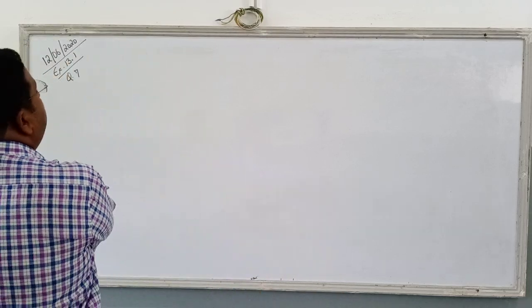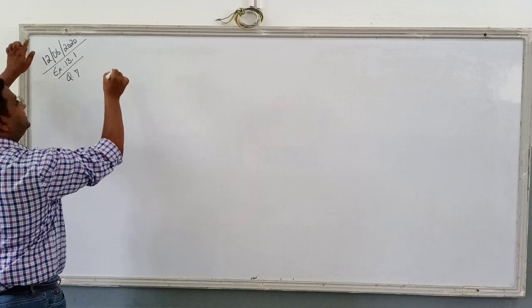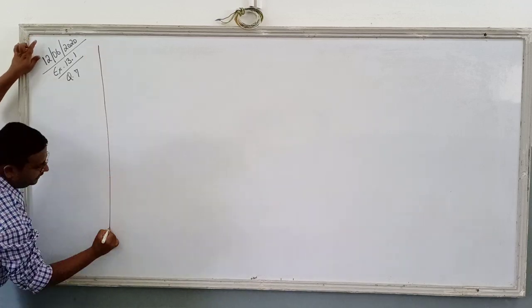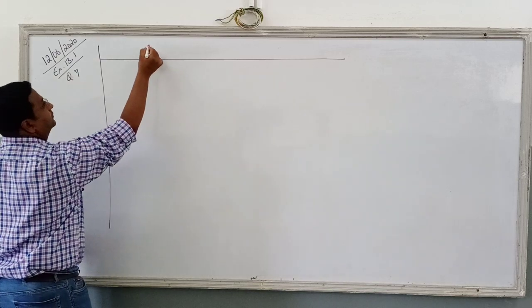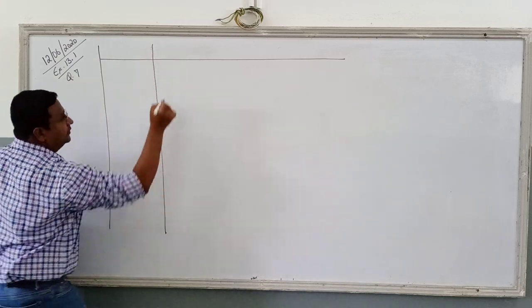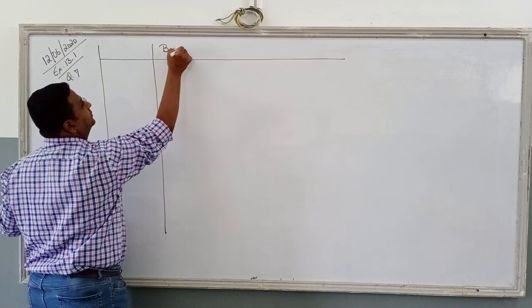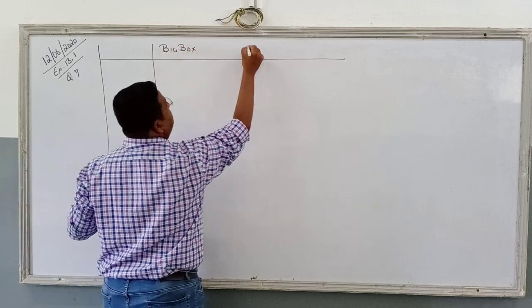So we will do this question in the form of a table. This is a big box and this is a small box.